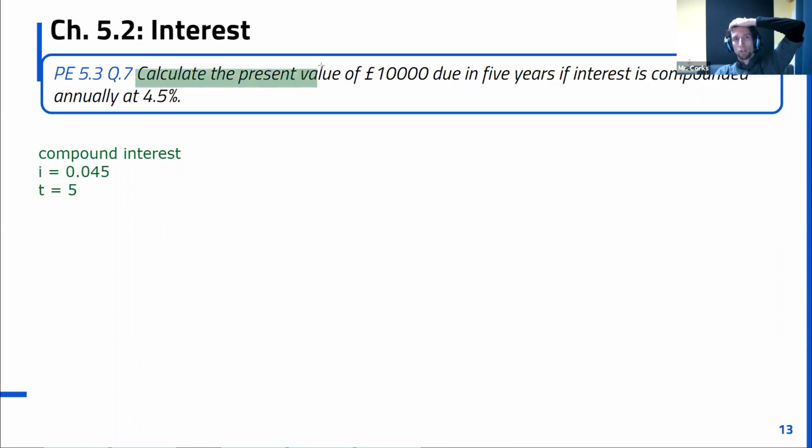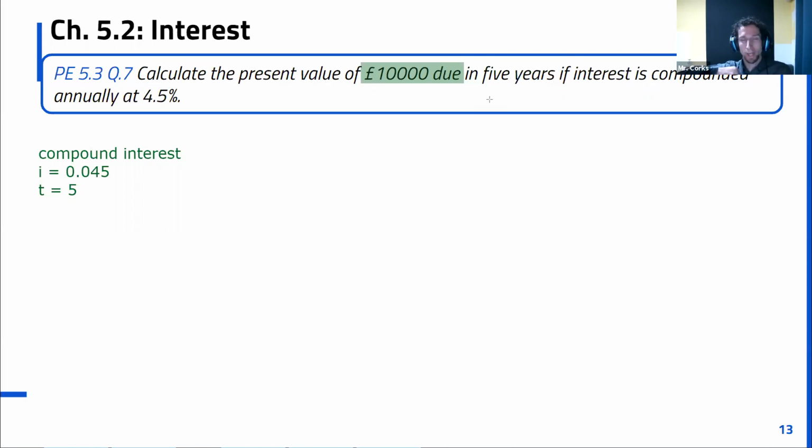So two things we can notice here. Calculate the present value, that's one part, and then due in 5 years, 5 years from now. So this would mean I loan you money, and then after 5 years, it's going to be worth £10,000, and then you owe that back to me.